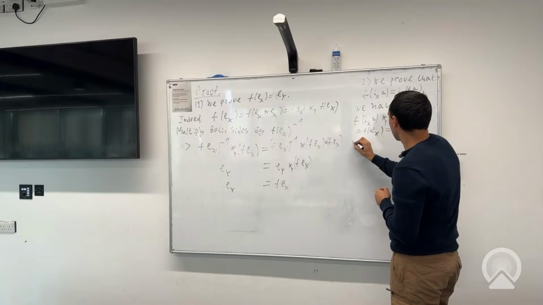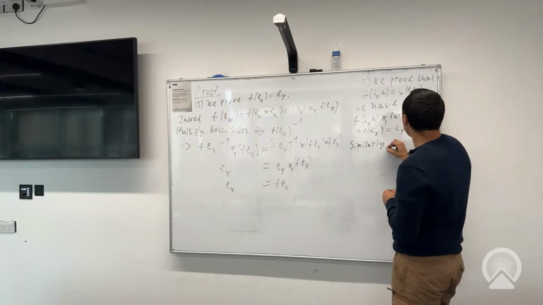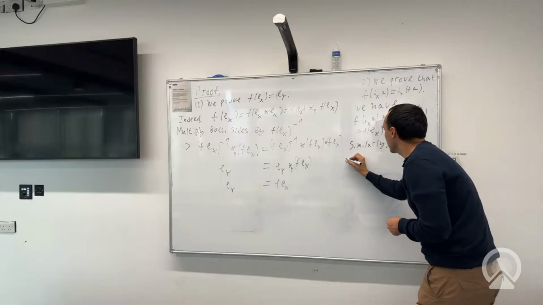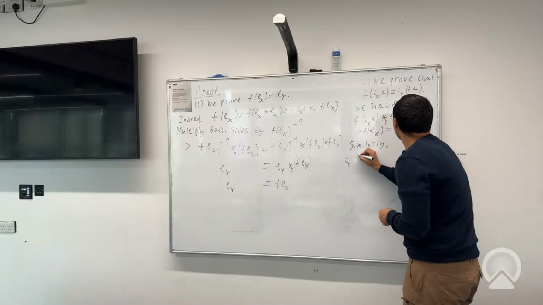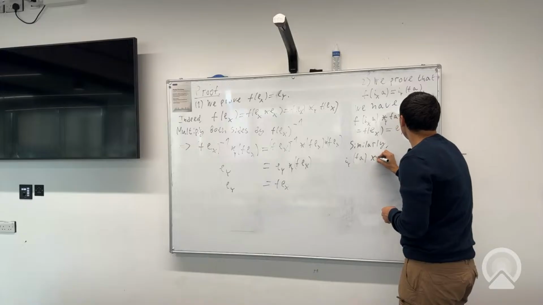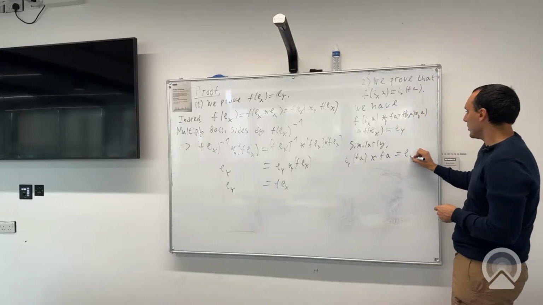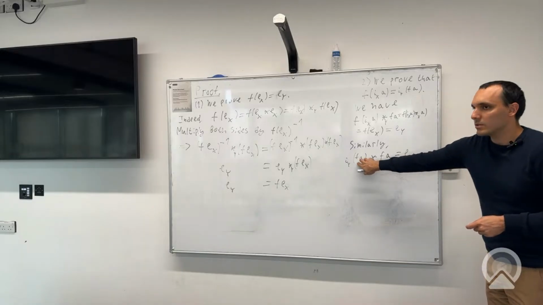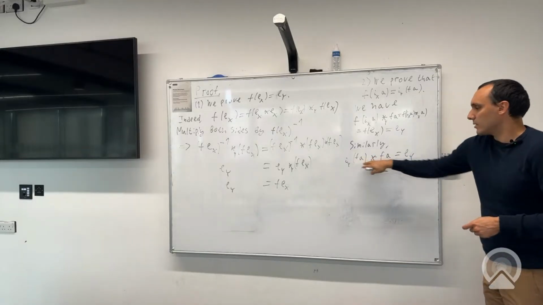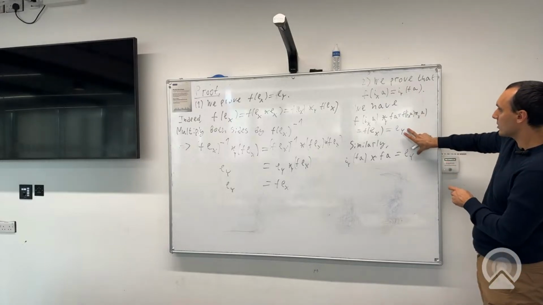Similarly, the inverse of f of a multiplied by f of a is e_Y. This is by definition because this is the inverse. So these two things correspond.